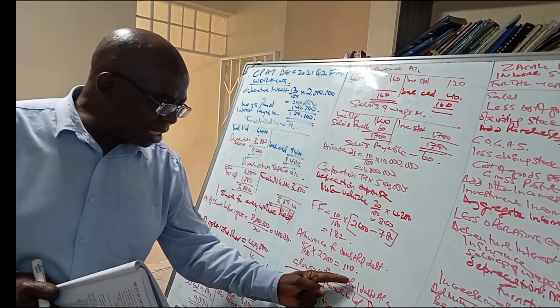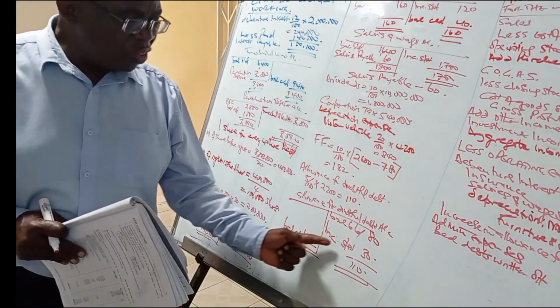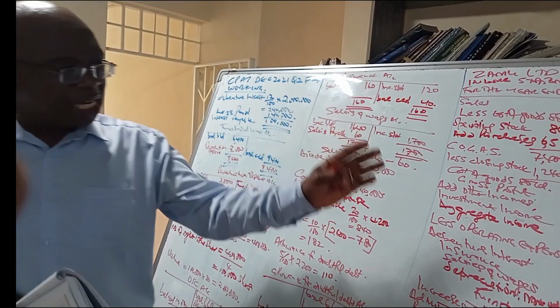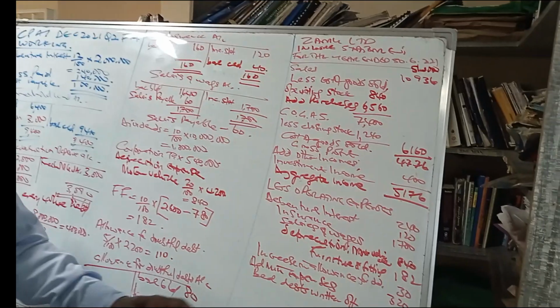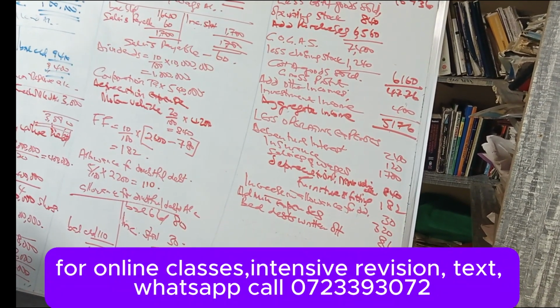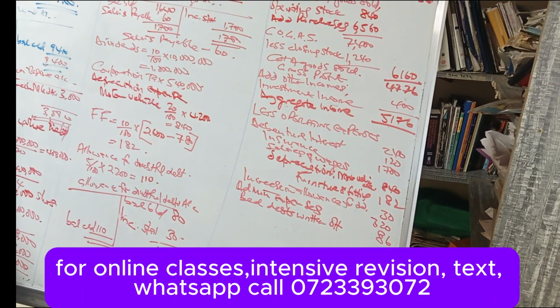If there is an increase in provision from where we had to the new figure at the end of the period, the increase is an expense. Therefore, in your income statement, you can have increase in provision for doubtful debts and bad debts written off at the same time.